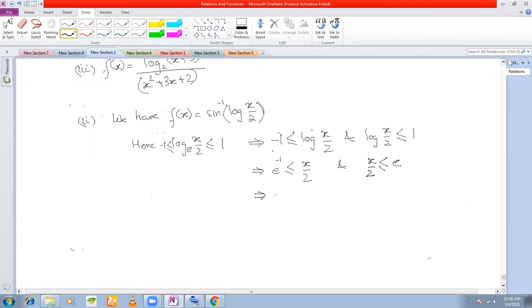That means you have 1 by e less than or equal to x by 2, and x by 2 is less than or equal to e. That means 2 by e is less than or equal to x, and x is less than or equal to 2e, right?